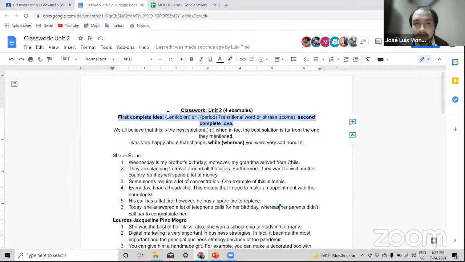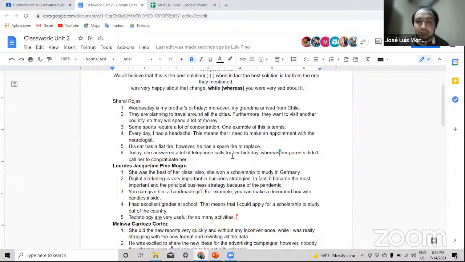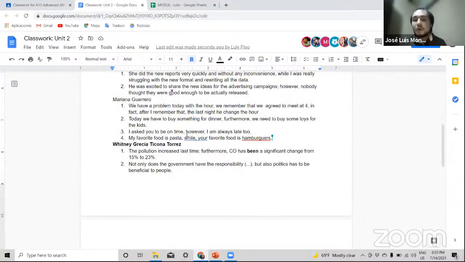So if you see here, Mariana, it says first complete idea, semicolon or period, then transitional word or phrase, then you need a comma, and then you need the second complete idea. It means that however cannot be used with only one comma when you have two complete ideas, all right? Because that's going to be incorrect.